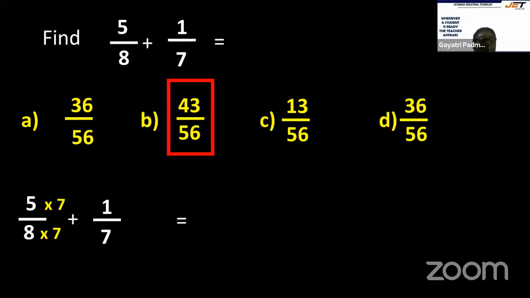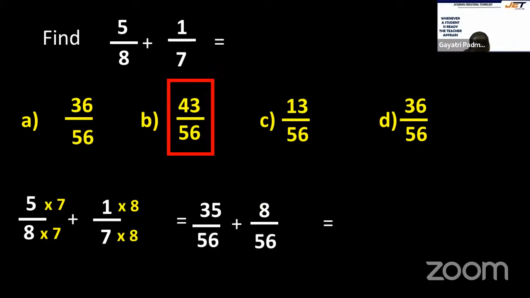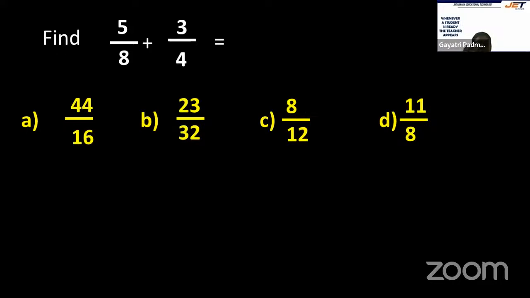So which means 5 into 7 by 8 into 7 plus 1 into 8 by 7 into 8. So we get 35 by 56 plus 8 by 56, whereby the total will be 35 plus 8. That is 43 by 56.